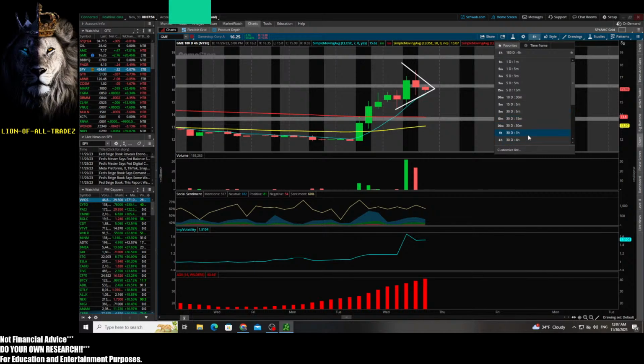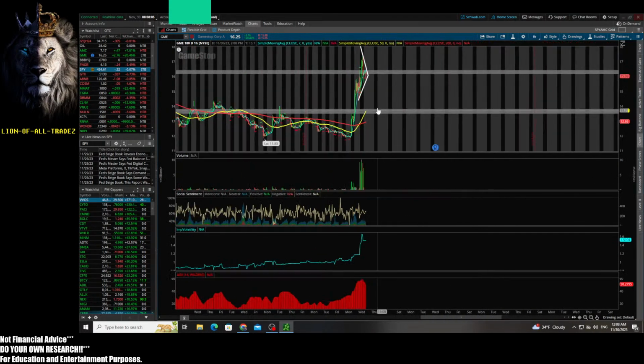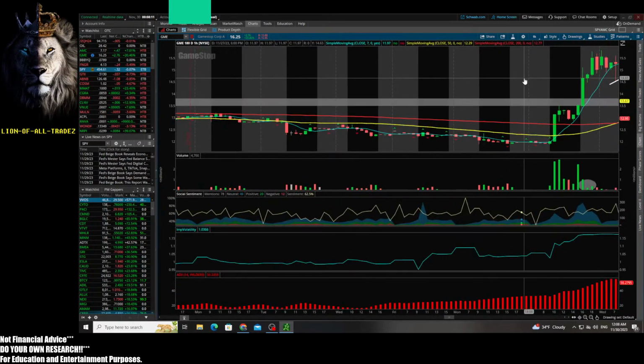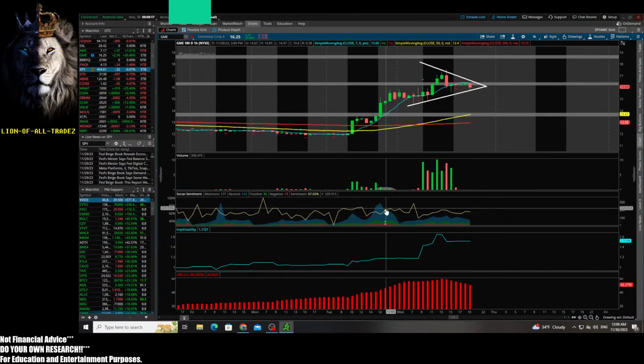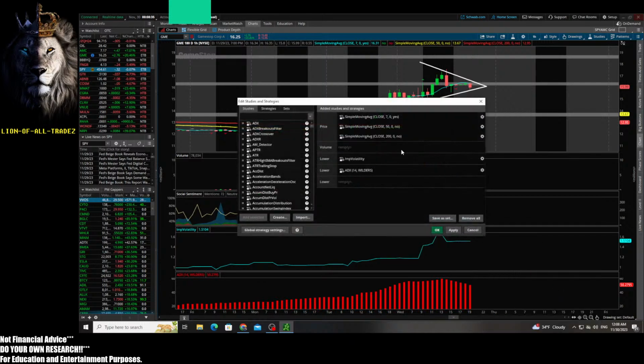Let's look at the other time frames. Let's do the hourly. It's gonna freak out on me, I know it. You know what? The MACD actually helps. I think I would have to remove implied volatility and replace it with the MACD because it helps a lot better.